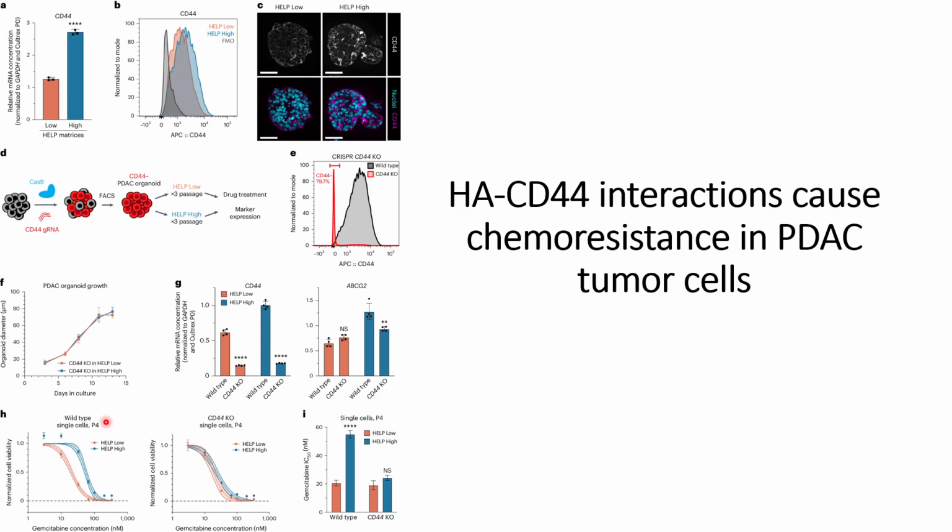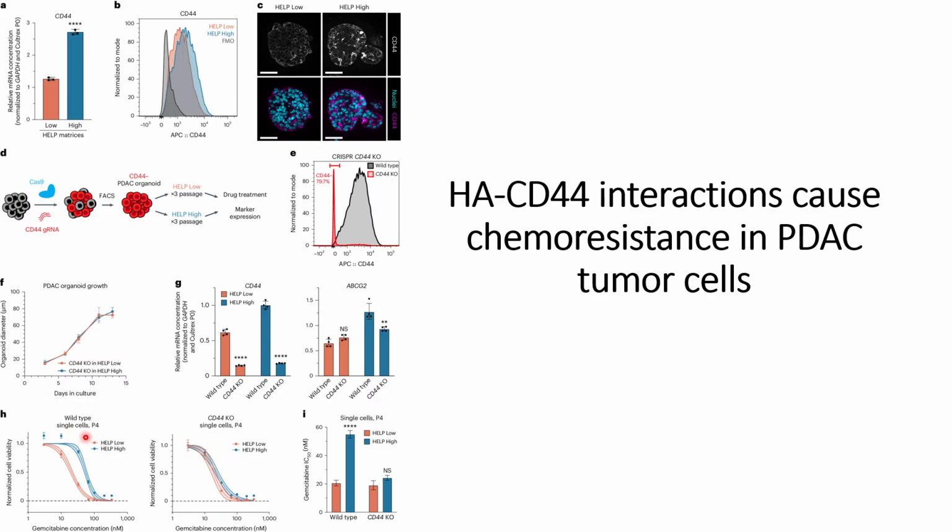And thereafter they wanted to check this CD44 knockdown PDAC organoid with drug treatment, and the drug that they used is gemcitabine. They found that in the case of wild type, they can see a statistically significant difference. They did their drug treatment experiments on single cells.